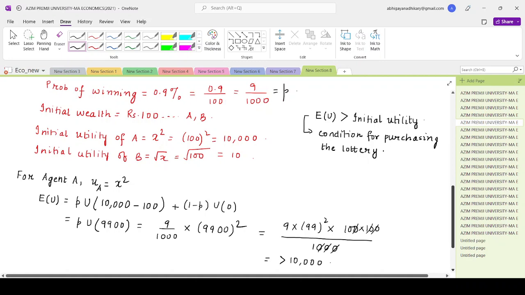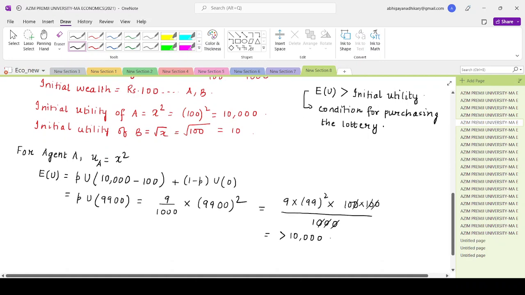Even if you don't calculate. So for agent A, what do we see? That the expected utility from the lottery is greater than the initial utility that he had. And so agent A will buy the ticket.